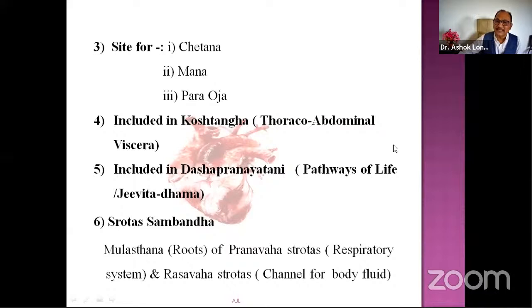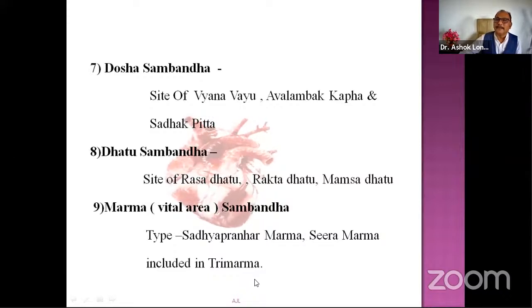Shrotas Sambandha wise, it is the Moolasthana or root of Pranavaha Shrotas, the respiratory system, and Rasavaha Shrotas, the channel of body fluid. Dosha Sambandha, it is the site of Vyanavayu, Avalambaka Kapha, and Sadhaka Pitta.